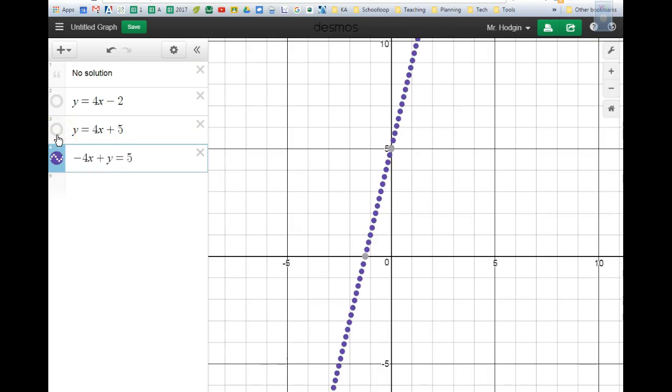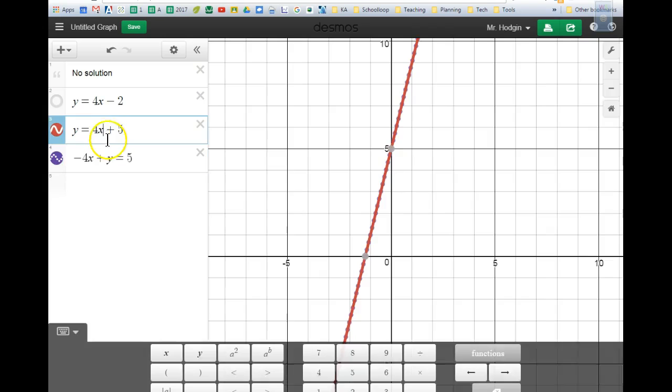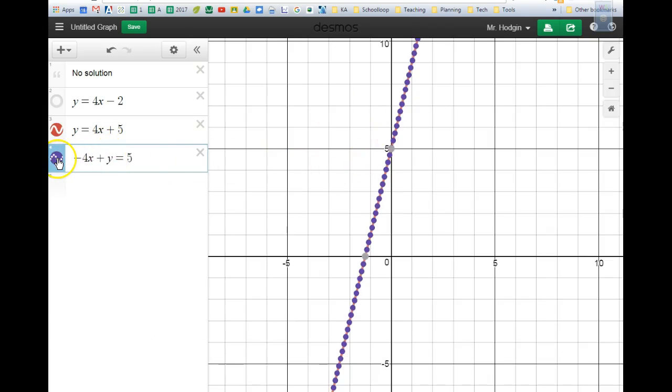This one red. What is the solution for these two equations? You see they intersect everywhere, right? Look how many answers there are. Look how many points they intersect at. They intersect here, here. Every one of these little dots is an answer because that's where the two lines intersect.